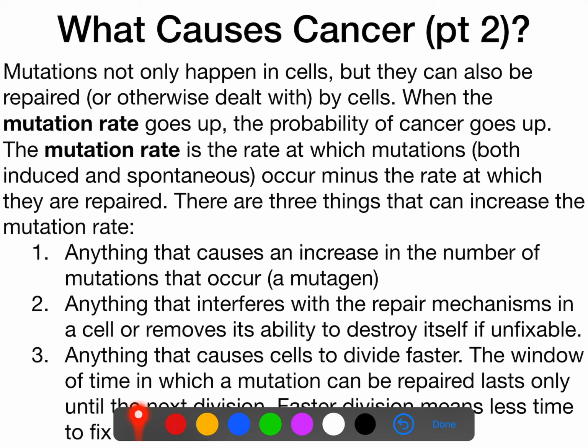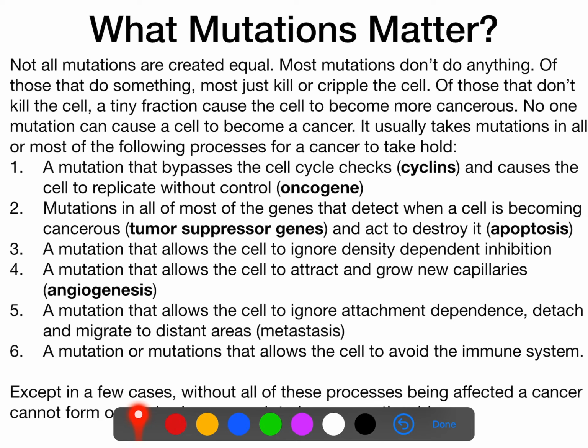You're increasing the rate at which cells divide. That means they have less time to fix their errors, and more errors are going to get through. Any of these three things will increase the mutation rate and thus increase the cancer rate.